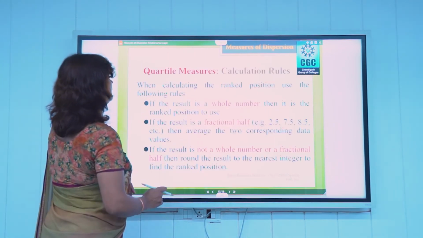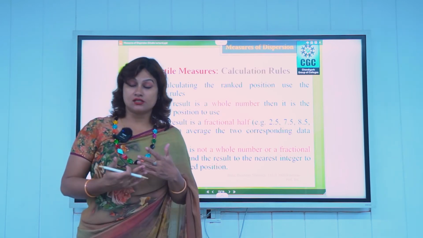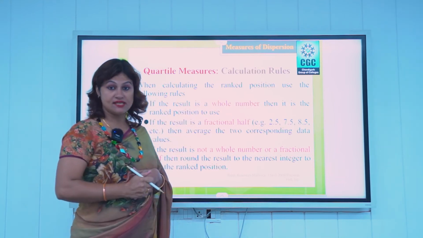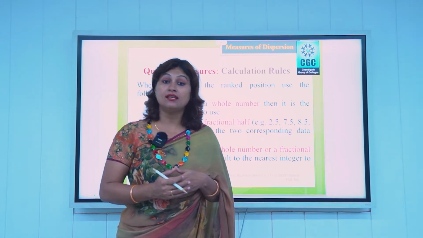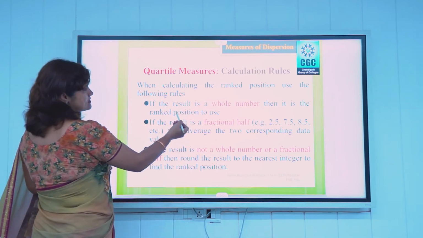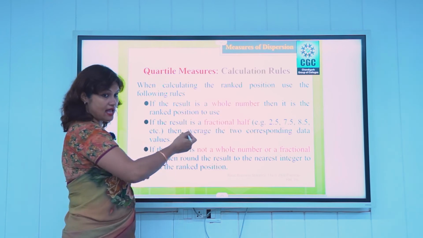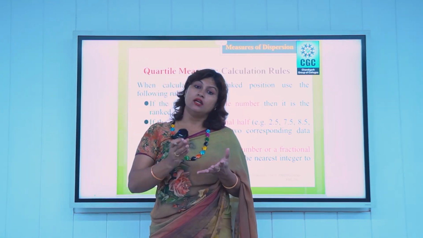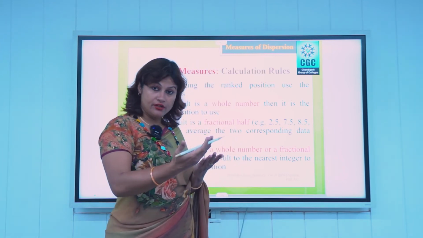Now, there are certain calculation rules associated with calculating quartile measures, because the main concern is n, the number of observations. If the result is a whole number, then it is the rank position to use. As the rank lands on that position, it is the relevant quartile.